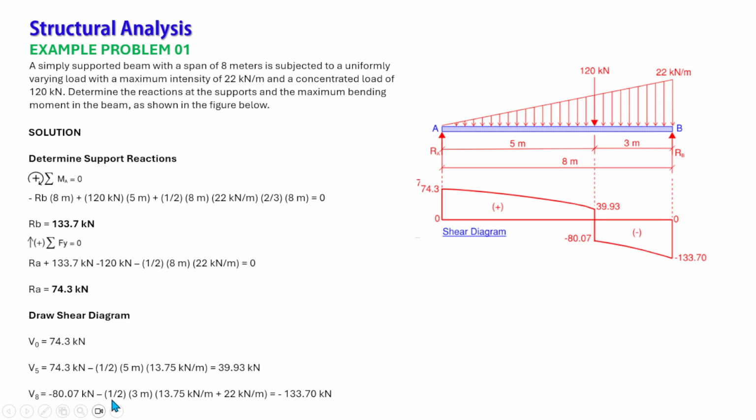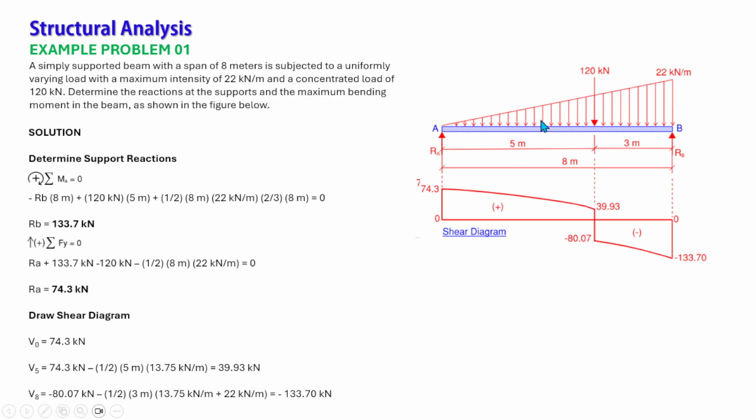Then minus the trapezoidal load, this one here, which is equal to 1/2 times 3 times the summation of 13.75 plus 22 kilonewton per meter, and that would give us negative 133.7.